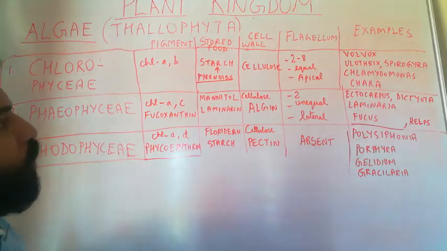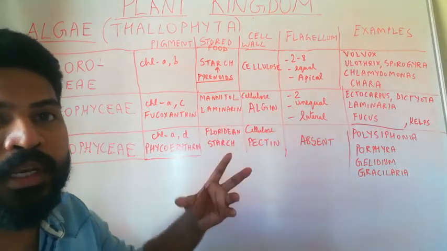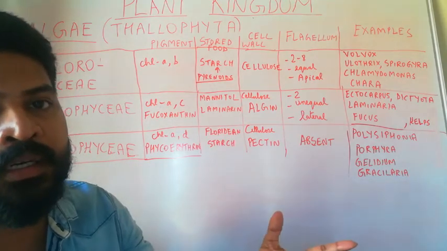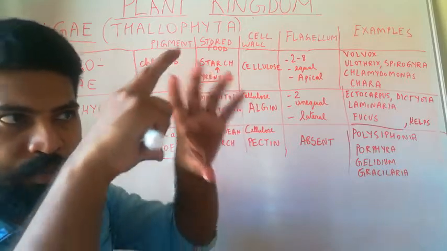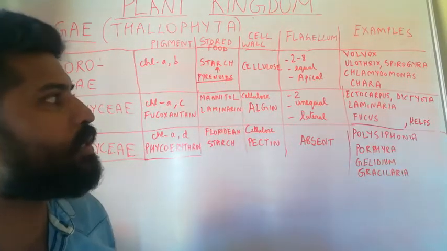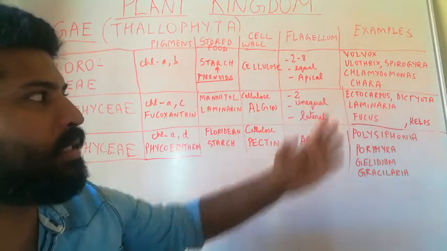Common examples for green algae are Volvox, which is the colonial form. You could see the diagram in the textbook where many cells come together and form a colony, that is the Volvox. The filamentous forms Ulothrix and Spirogyra are seen.